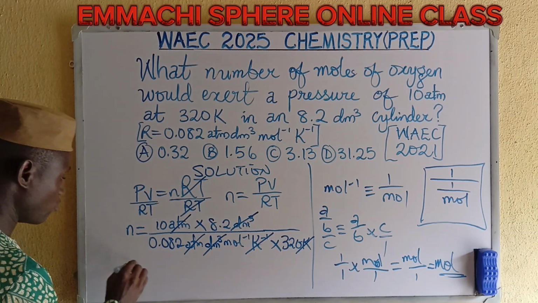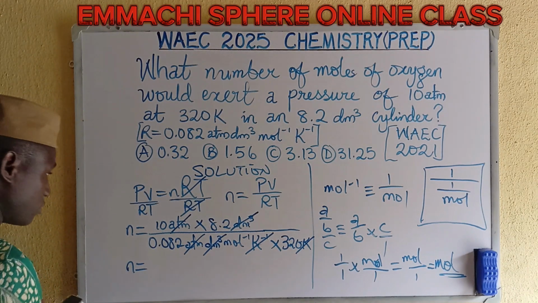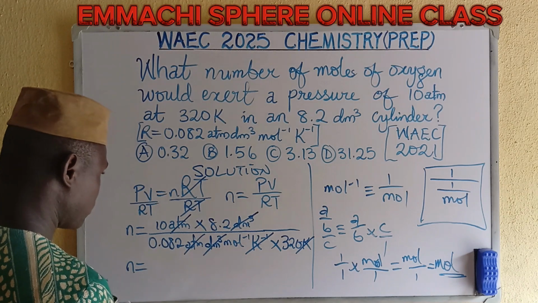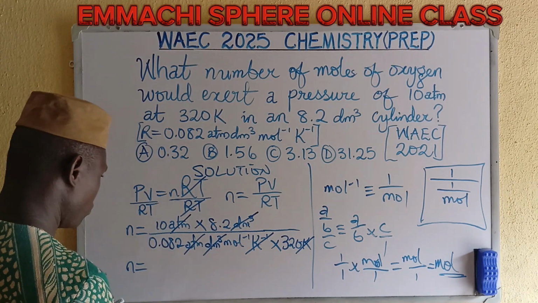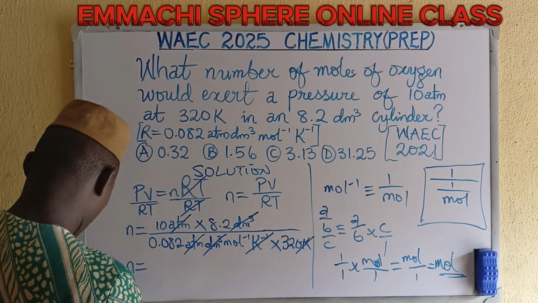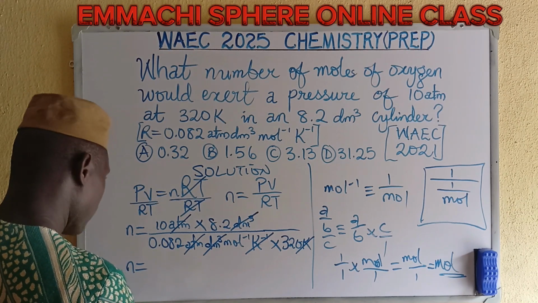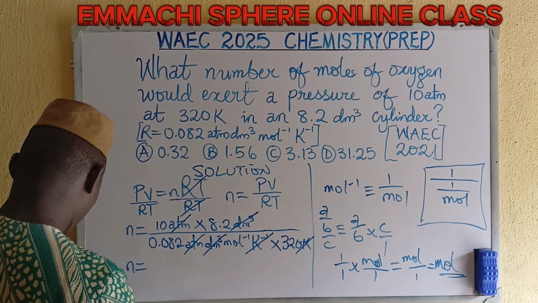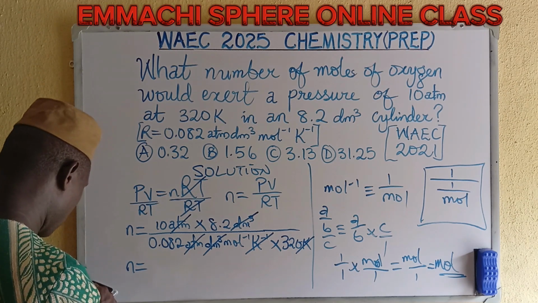So, the mole is equal to, let's now calculate, we'll go direct, 10 times 8.2 divided by 0.082 times 320.